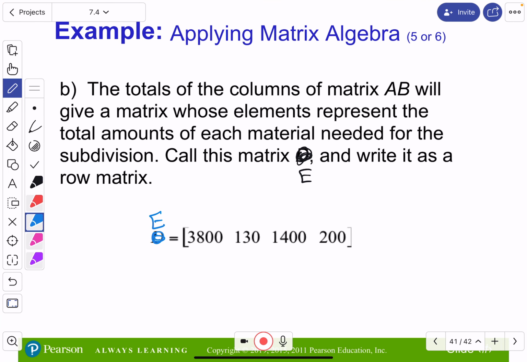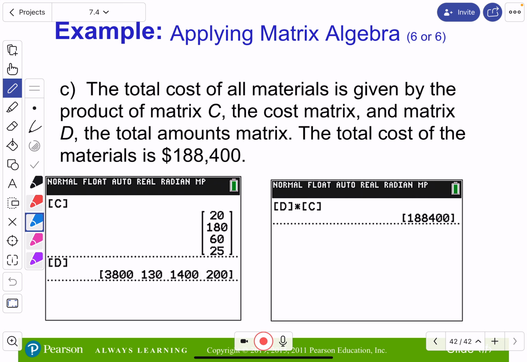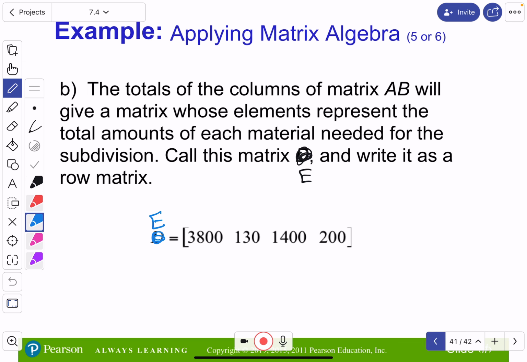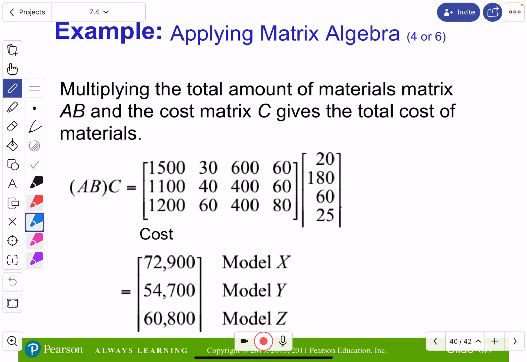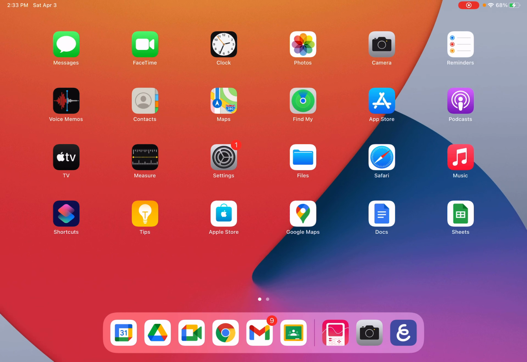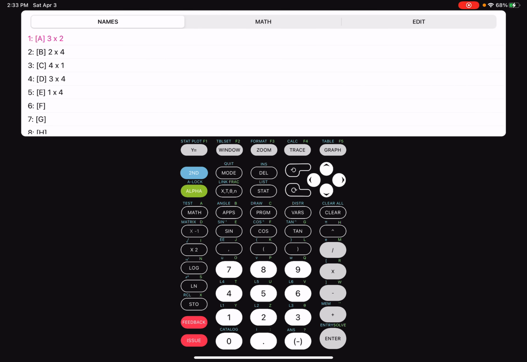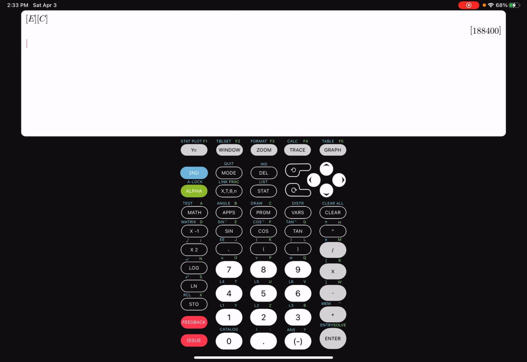So totals, that's what we need. And we would multiply that by the cost of each material. So that was C. Yes, C. So we're going to do the E that we just made times C. And that gives us the total cost of all of them all together.